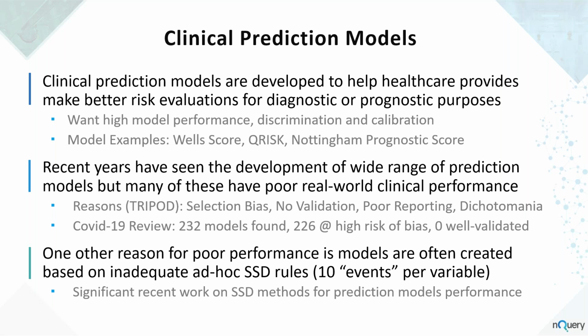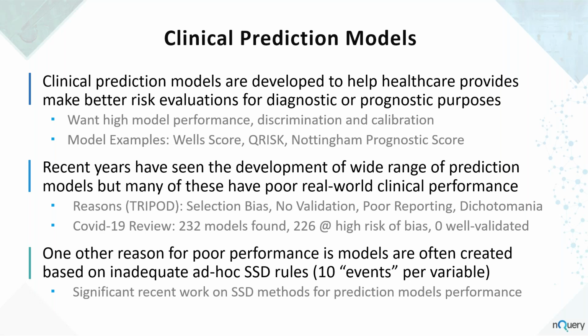Very little of that happens, and very poor validation even when it does happen. The reporting of these models, in terms of being able to replicate them and actually generate the model, is very poor. And then there are other standard statistical problems like dichotomania, taking continuous measures and turning them into binary measures, basically throwing away a lot of useful information that can be used for prediction.